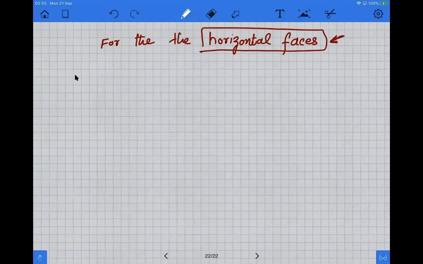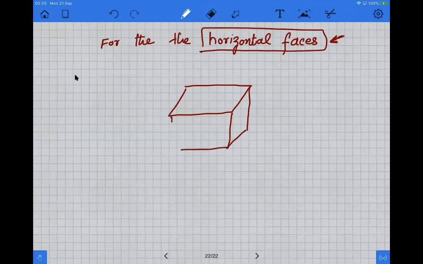Now the horizontal faces. There are 2 horizontal faces, the top face and the bottom face. If we draw a 3D drawing, then this is the top face, and pressure on the top face is, let's suppose, P1, and area of the top face is A. Area of the bottom face is still A, and the pressure on the bottom face is P2.